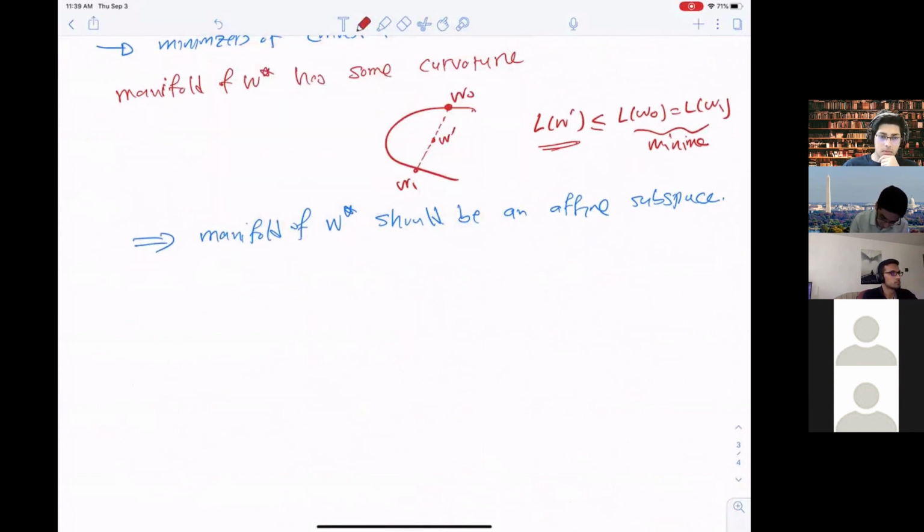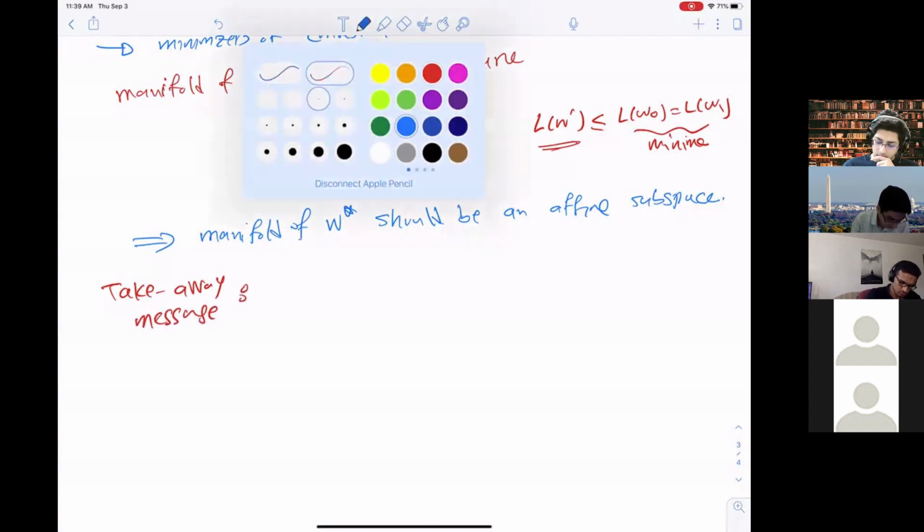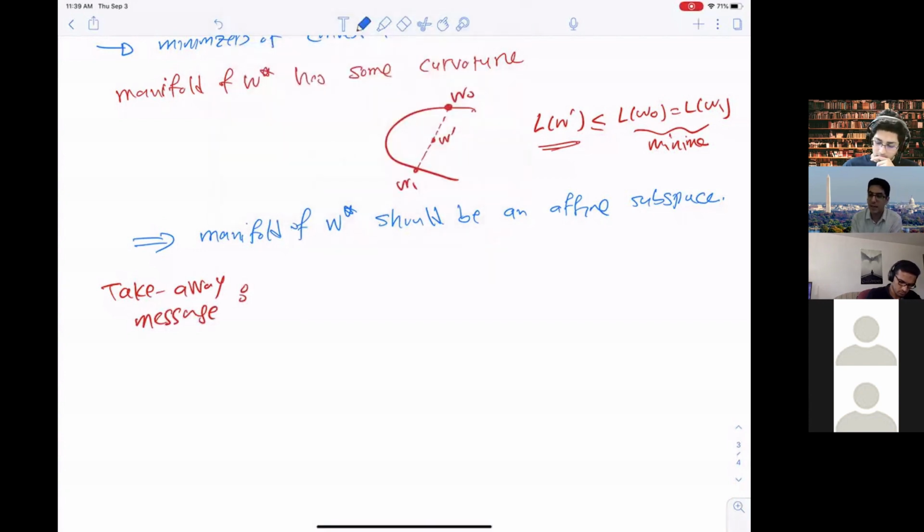So the takeaway message here is we cannot rely on convex analysis to understand the theory of optimization in the over-parameterized system.